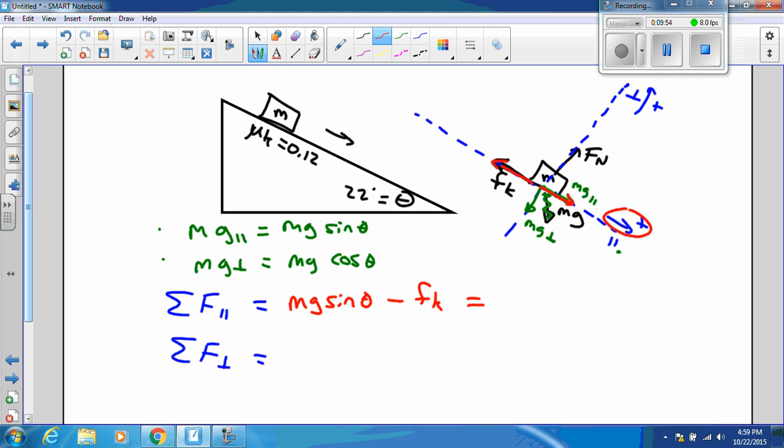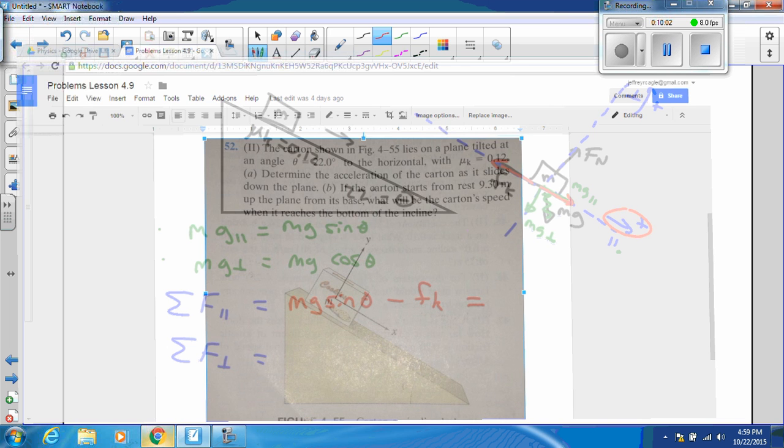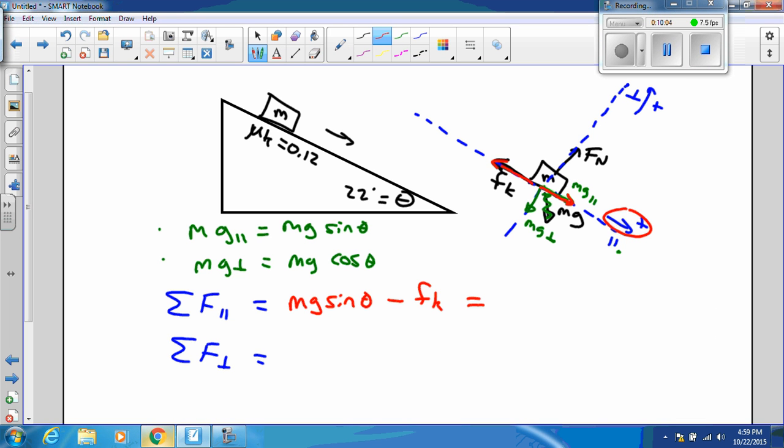Now, does the sum of forces add up to 0 or to mass times acceleration? Let's do a quick check here. Because the problem is asking for the acceleration of the carton, we have a huge clue that we are looking for Newton's second law, mass times acceleration.